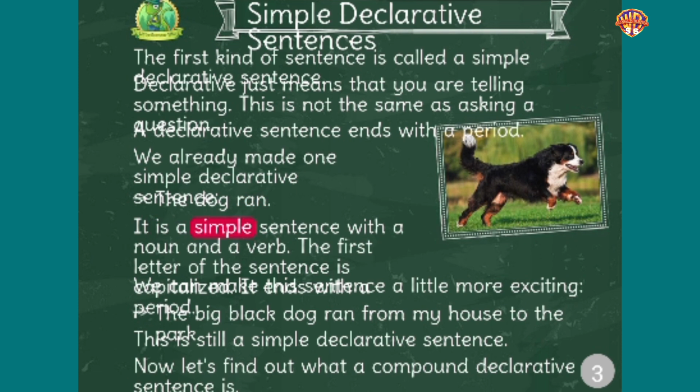It is a simple sentence with a noun and a verb. The first letter of the sentence is capitalized. It ends with a period. We can make this sentence a little more exciting. The big black dog ran from my house to the park. This is still a simple declarative sentence. Now, let's find out what a compound declarative sentence is.